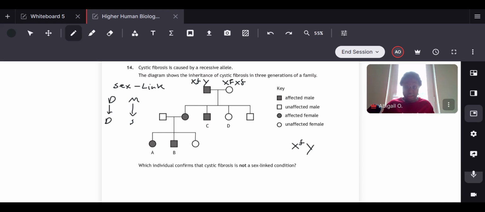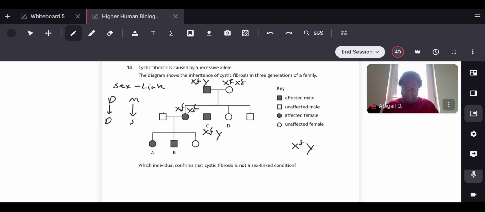C might be an answer that you're thinking of, but don't rush these questions too quickly because we've got another generation to look at. So if we look at this other generation here and we're trying to think, right, what's their genotype going to be? We know this guy, if he's affected, his genotype is going to have to be X little f Y. And this girl here is going to have to be X little f, X little f. Now, she has had children with an unaffected male.